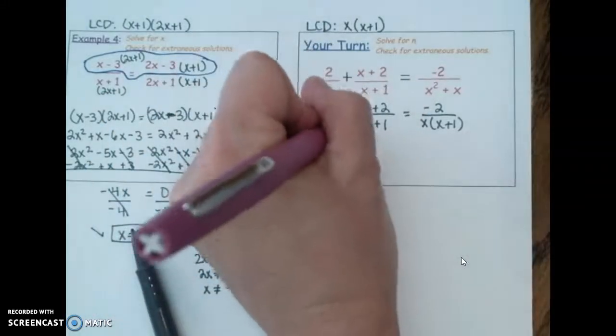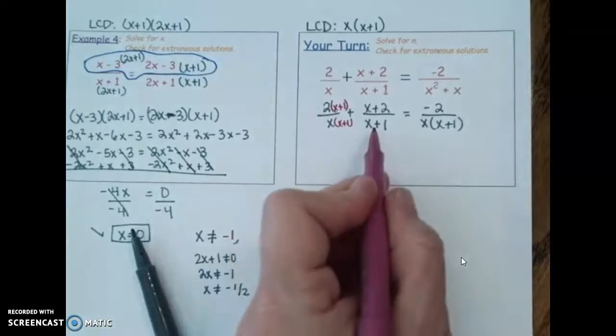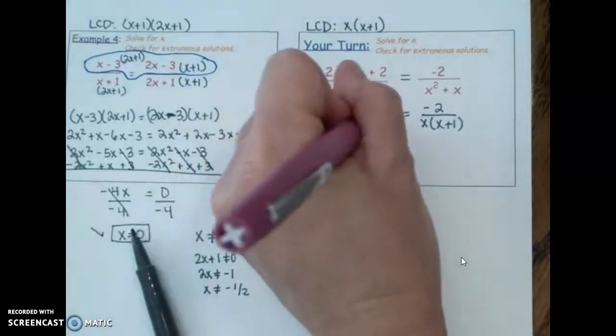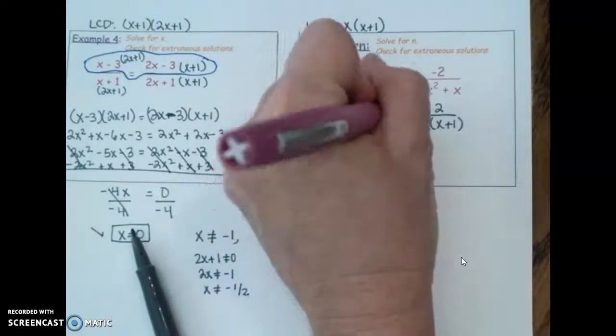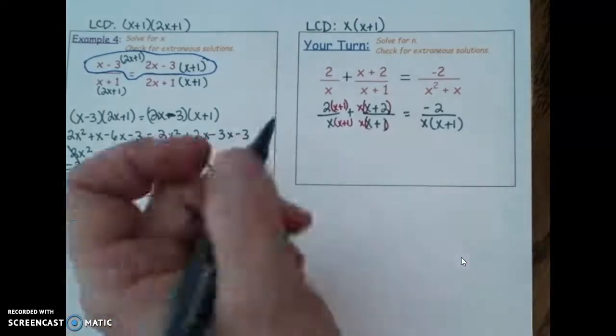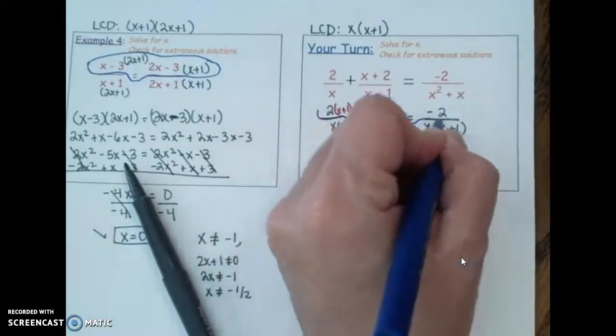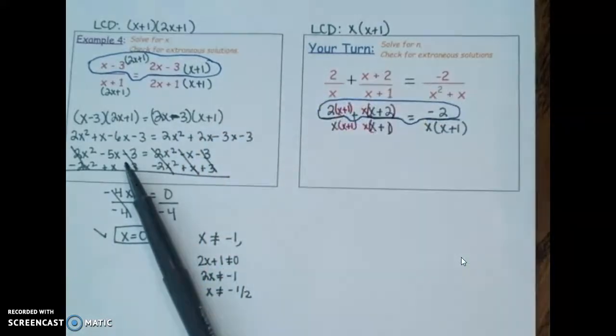So I need x plus 1 here. Here we need an x. And then this is our common denominator. So we're ready to circle all the numerators for your equation.